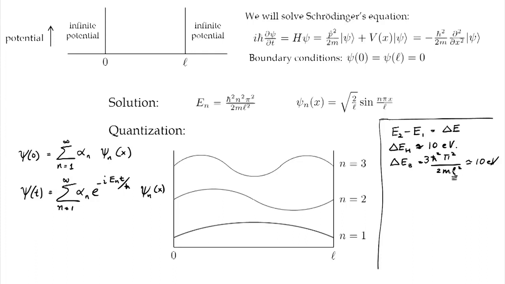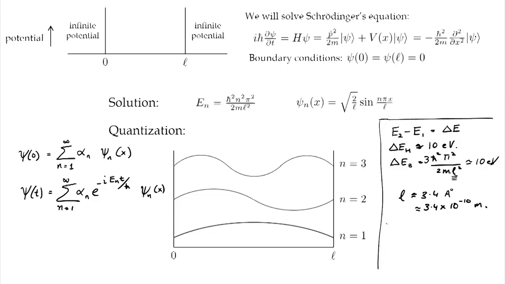And if you actually do this calculation, what you get is that L is about 3.4 angstroms, which is about 3.4 times 10 to the minus 10 meters, or 0.34 nanometers.